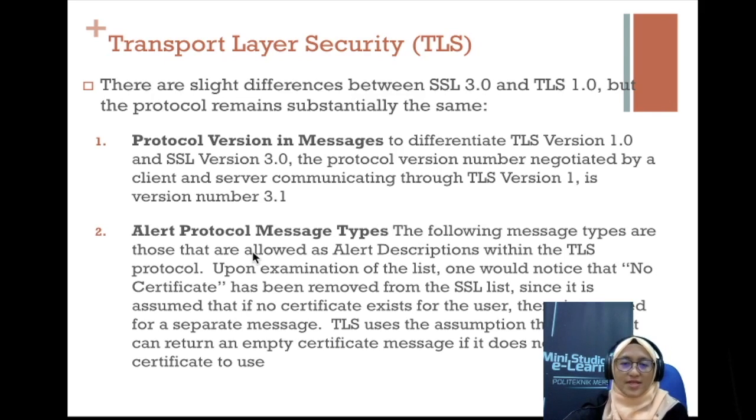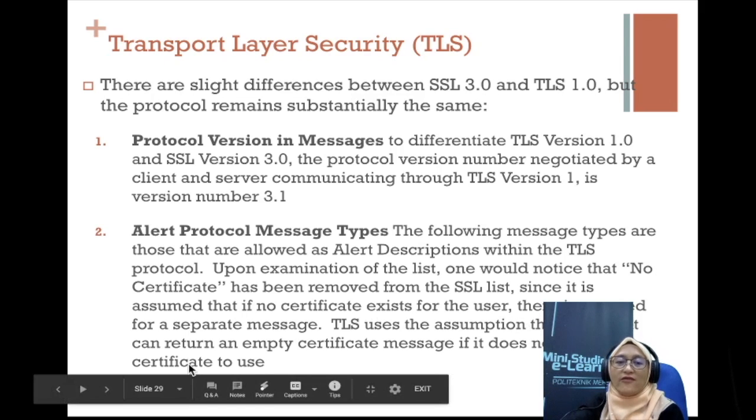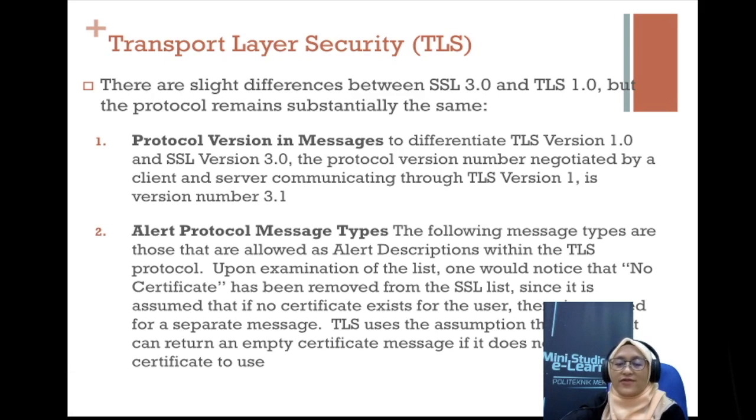As for the alert protocol message types, the following are those allowed as alert descriptions within the TLS protocol. Upon examination of this list, one would notice that no certificate has been removed from the SSL list. It is assumed that no certificate exists for the user, so there is no need for a separate message.